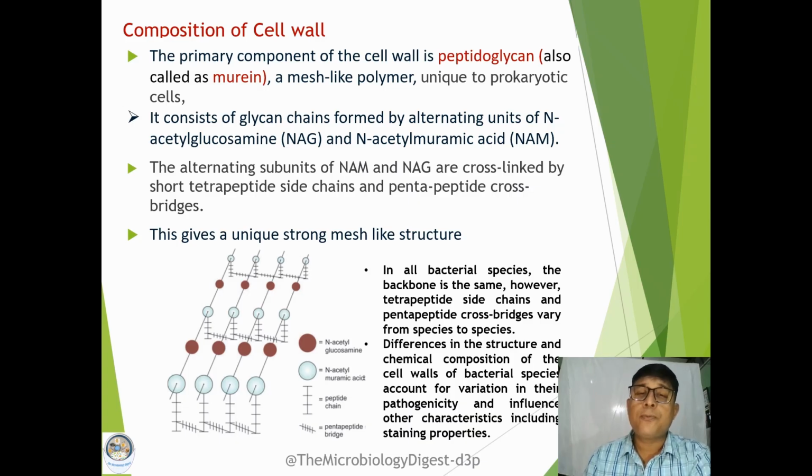Now, as I said, it is a polymer. It consists mostly of glycan chains, and two alternating units are present. One is called N-acetyl glucosamine, in short written as NAG. And the second one is N-acetyl muramic acid, in short written as NAM.